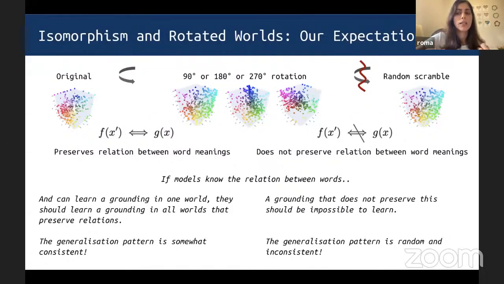So maybe it had learned that orange is somewhere in between red and yellow from the text-only training. And then what we want to see is, if we ground it in any different word, if we ground it to what orange and yellow mean, can it learn red? Given that it knew the text relations between the words, and it now knows the groundings of 2 words, can it then generalize to the rest of the words by using the text structural knowledge?